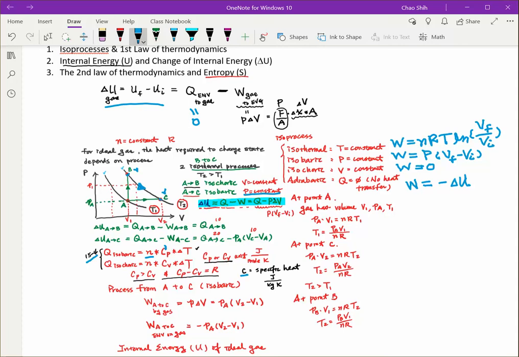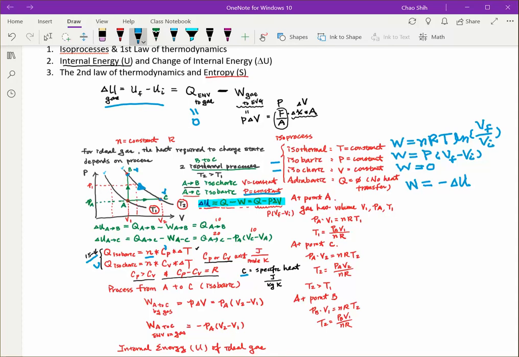Therefore, if you want to calculate the Q for these two processes, isobaric and isochoric, you can use these two equations. I also have the W, which gives us the work, and then you can find the change of internal energy.